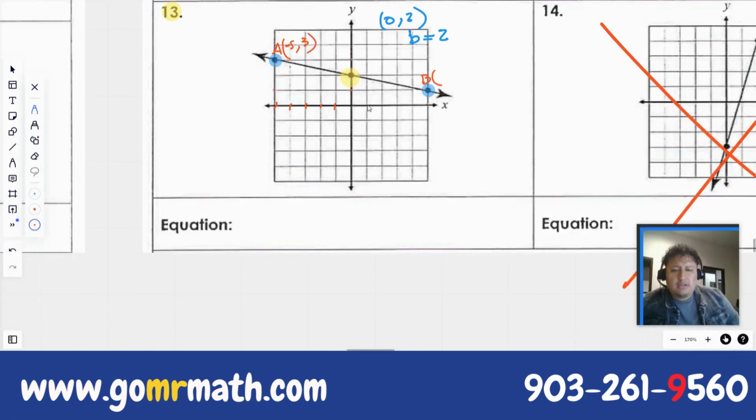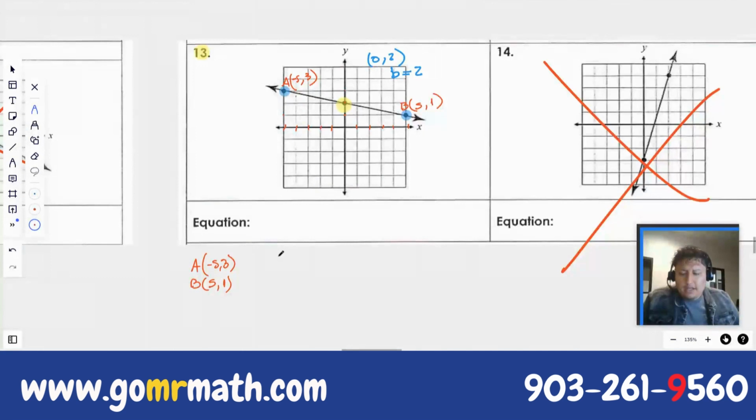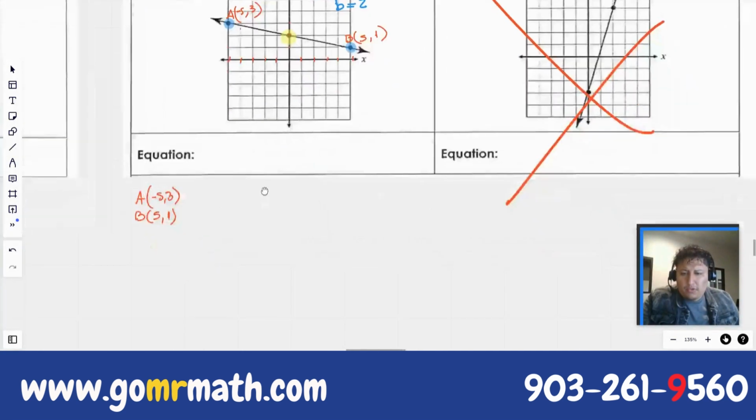My point B looks like 5 on x, and 1 on y. Okay, so point A, (-5, 3), point B, (5, 1). Now we need to calculate the slope using these points.